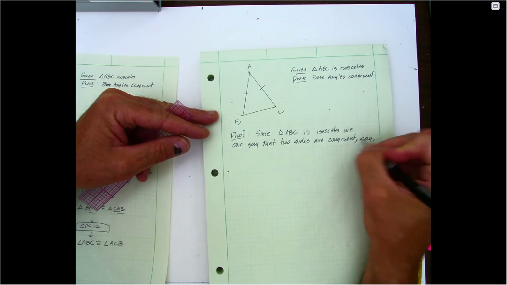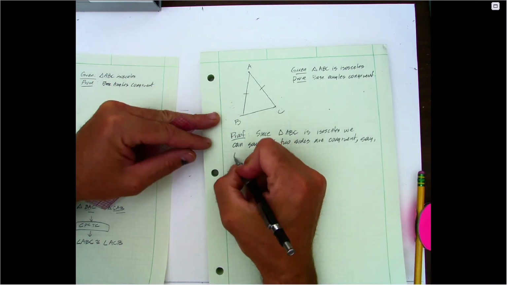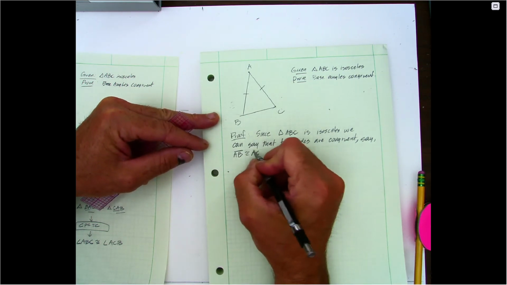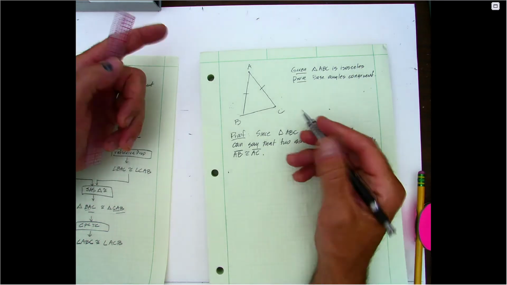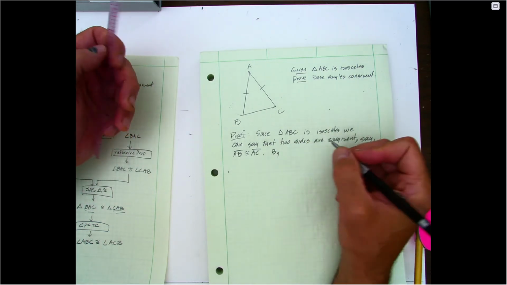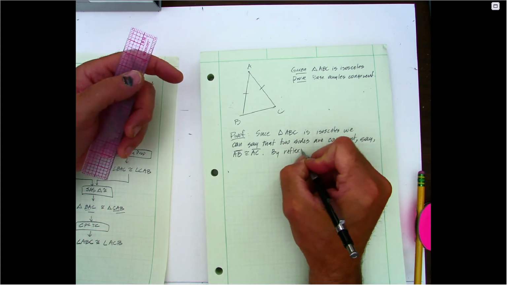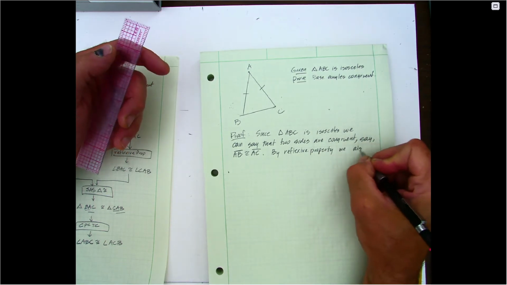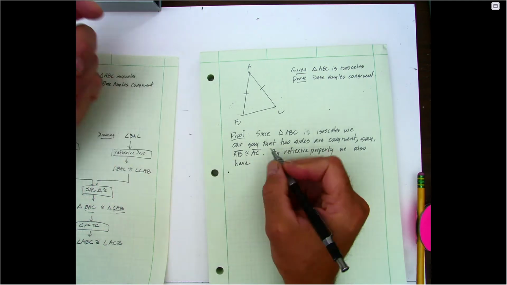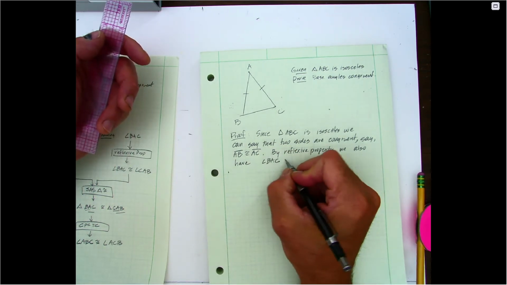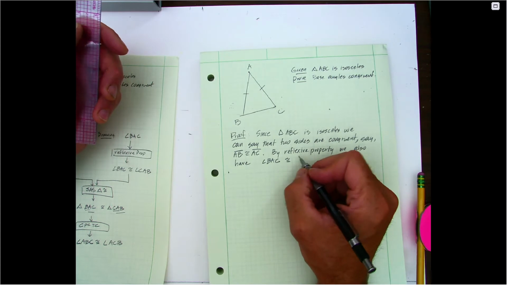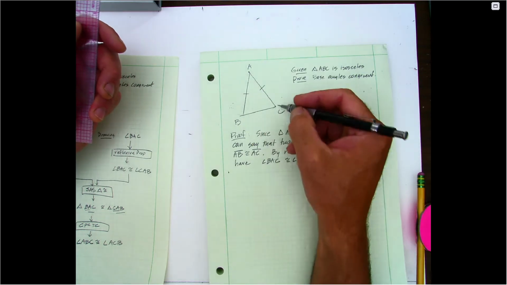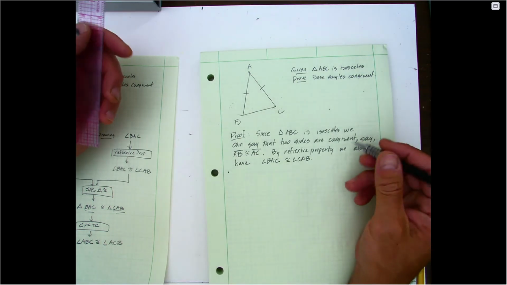And you can make up your drawing, say AB congruent to AC. I guess we could say by reflexivity, we also have angle BAC congruent to angle CAB. So BAC, CAB.